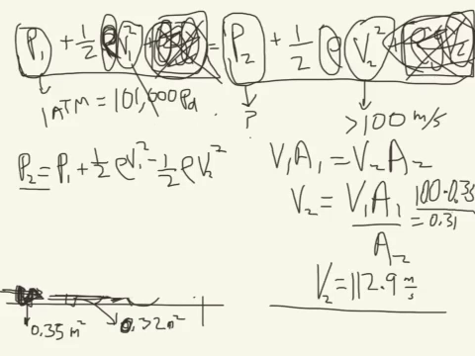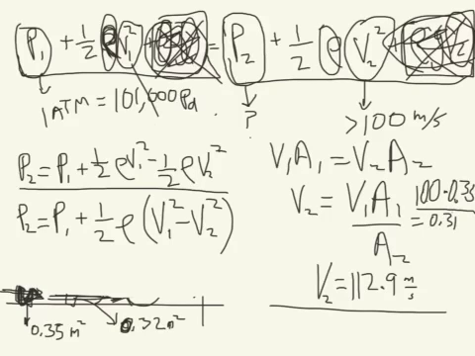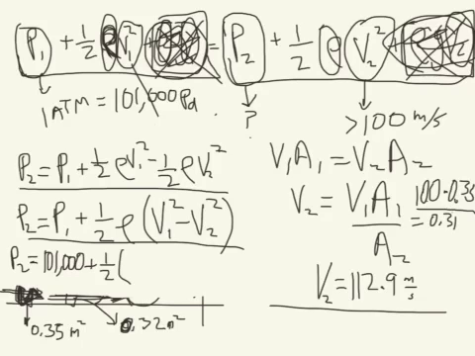So here's what we got, solving for P2, and that can also be written like this. And it looks like we do need to find rho, the density of air. I just Googled that, and the internet says that the density of air is about 1.25 kilograms per meter cubed.